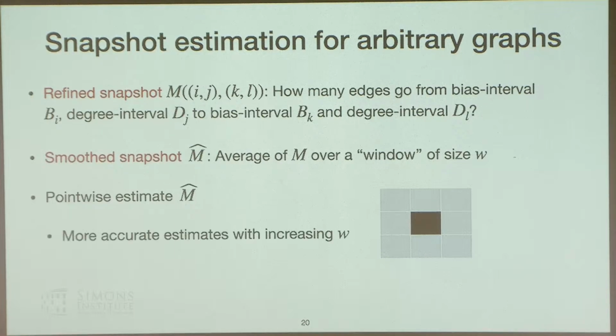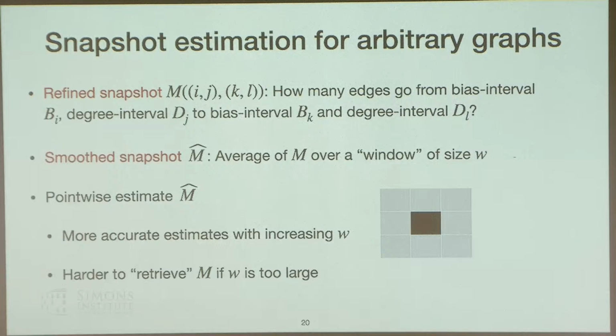Okay, so obviously when I'm looking at this kind of smooth snapshot, if you increase your window size, let's say my window size is this whole dimension of the refined snapshot, obviously that's very easy to compute. So if you increase the window size, you're going to get better estimates.